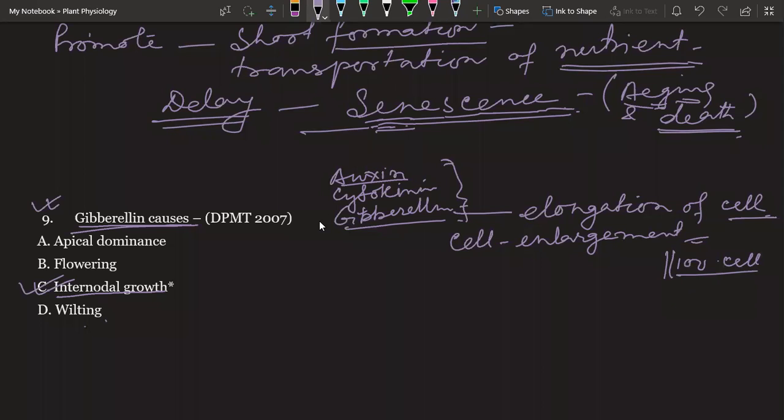So this gibberellin promotes growth by enlarging the cell.